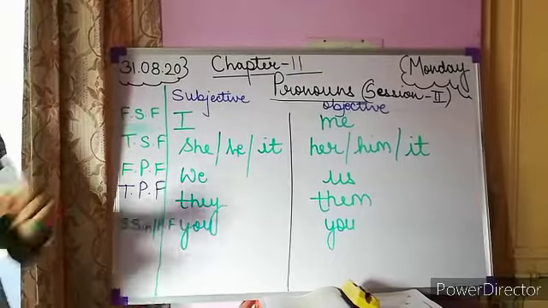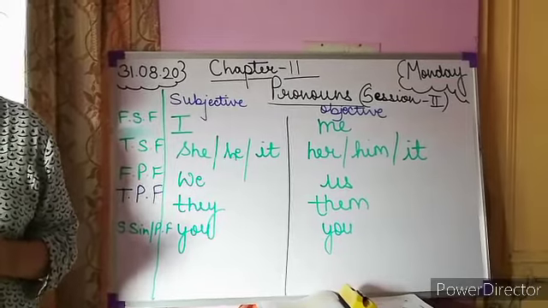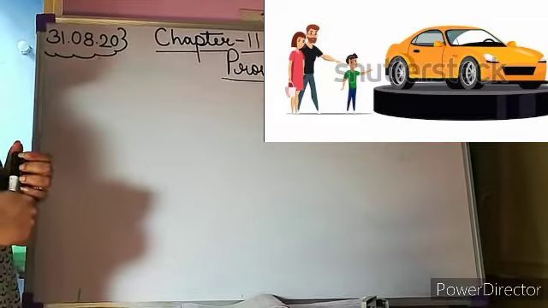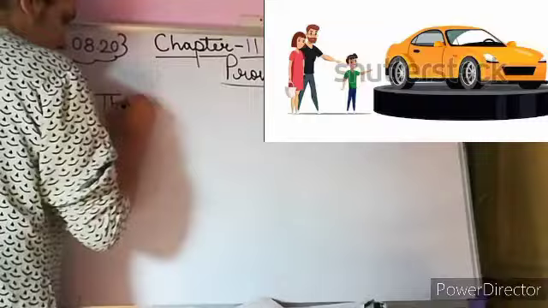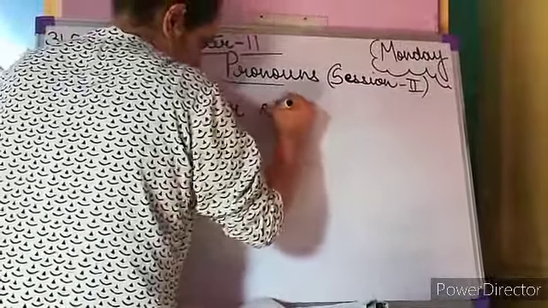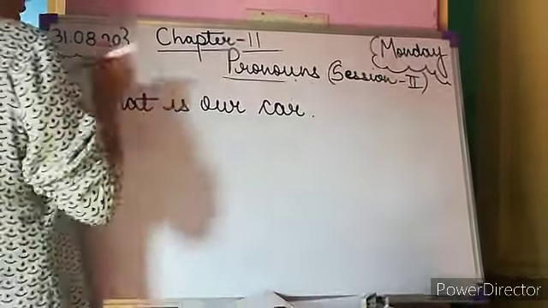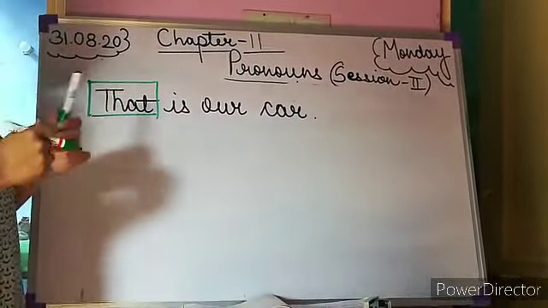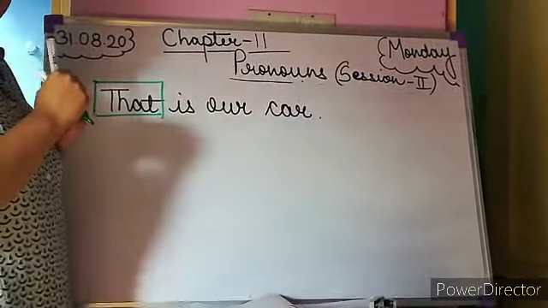Right, children? So I hope this is clear to you. Now, look at this picture. Here, this boy is pointing towards the car and saying, that is our car. Here, this word, that, is referring to that car, and it is pointing towards that specific car only.